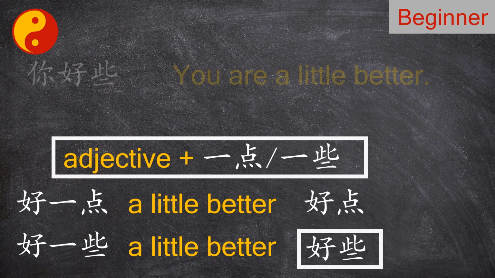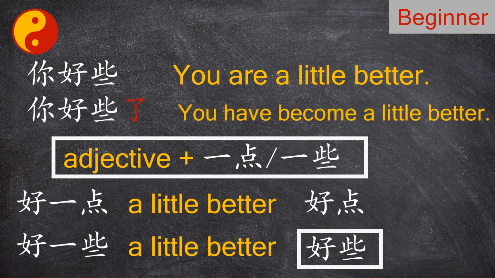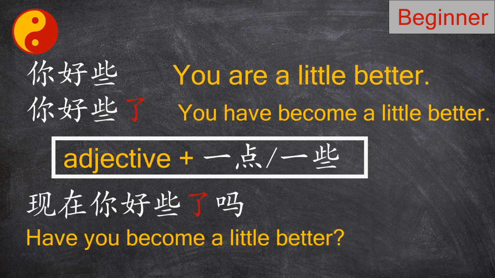So, 你好些 means you are a little better. If we add 了 and say 你好些了, it means you have become a little better. Because 了 indicates change of a state. 现在你好些了吗? Have you become a little better? Of course, in the video, the pronoun 你 is omitted because it can be implied.